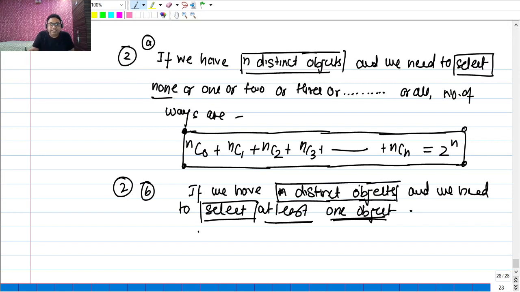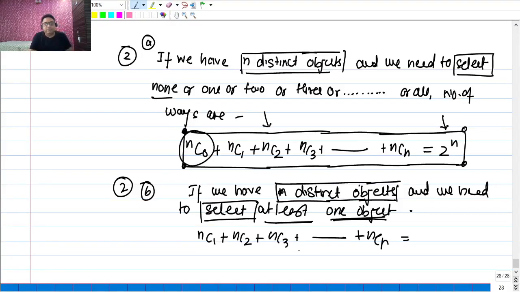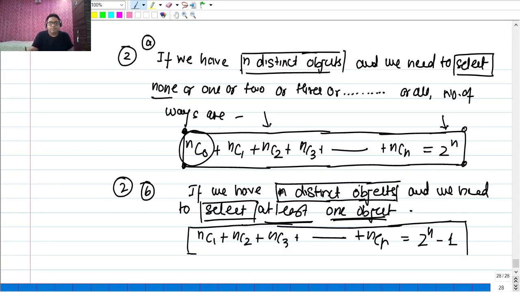So basically it's asking nC1 plus nC2 plus nC3 up till nCn, and the sum of all the binomial coefficients is 2 to the power n. So if this nC0 goes to the other side, it will give you nC1 plus nC2 plus nC3 plus nCn, which is equal to 2 to the power n minus 1. Alright, so these two things are really important, and you have to understand what exactly they mean.